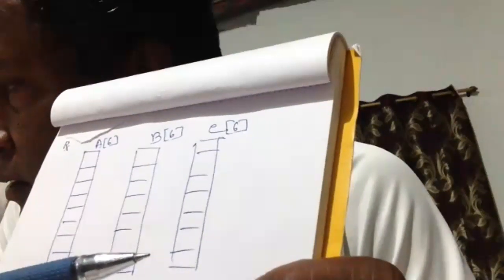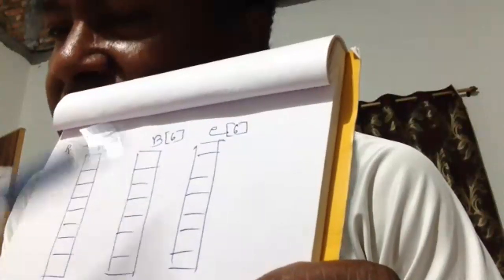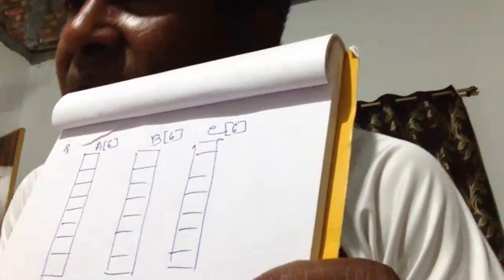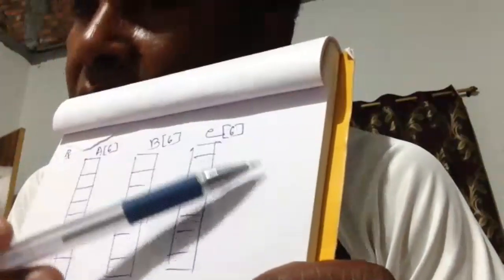How many elements? 6, because you have 6 locations. Add first location with first, second with second, third with third, up to 6. Means if you add it, you again have 6 locations. To store the data, you again need another array of more locations.